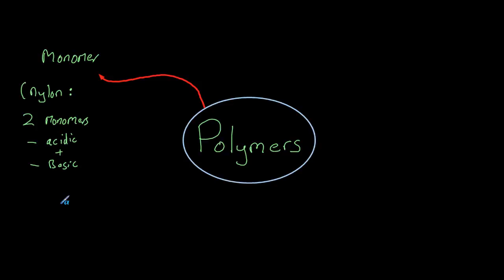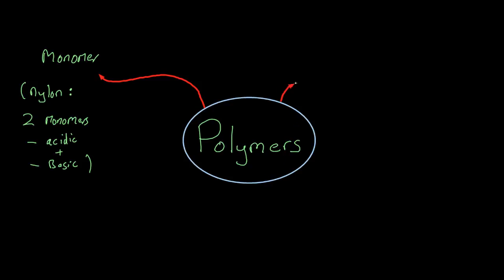And so the two monomers are bound together, and the fact that it's an acid plus a base, which really want to react with each other anyway, makes it a really strong bond and makes it hard to break. And so nylon is made of these two monomers. Okay, so that's one basic example of why the monomer is going to dictate the properties of your polymer.